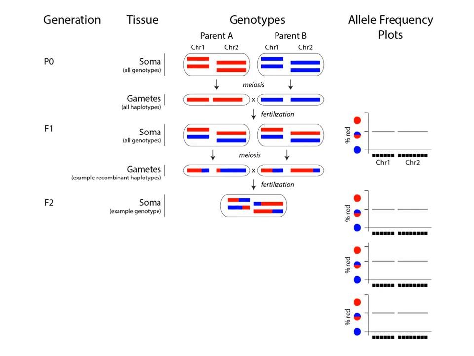And what we're going to want to do is to look not just at one F2 individual, but lots of F2 individuals, and then plot the average percent red across, say, chromosome 1 and chromosome 2, and look for deviations from this gray 50% expected line. So before we get to multiple F2 individuals, let's just check out this one individual right now and see if they have a genotype that holds pretty much to expectation.